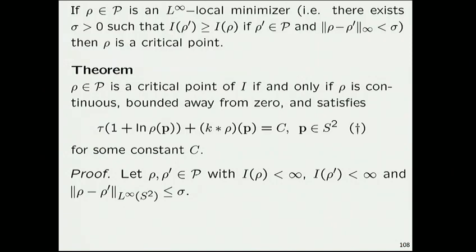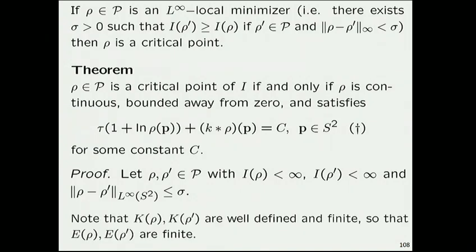Okay, so let's take a rho and a rho prime, where in L infinity the difference is less than or equal to sigma, and I of rho is finite, and I of rho prime is finite. And note that K of rho and K of rho prime are well defined because we remarked on that before, and finite. So since I of rho and I of rho prime are finite, the entropy terms are also finite.